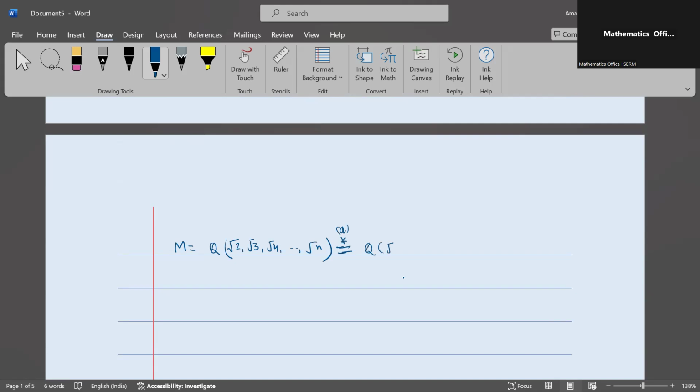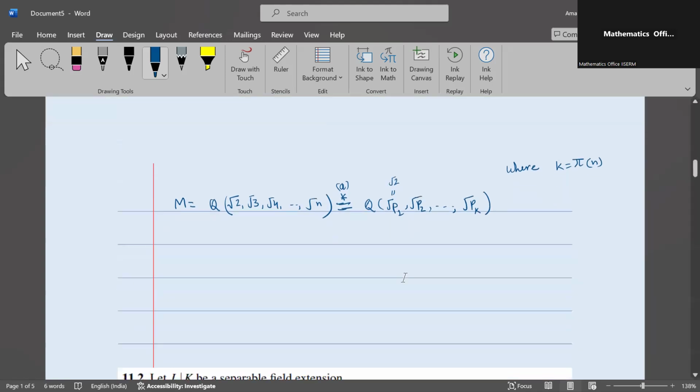I will write just P1, P2, P3 in place of 2, 3. So Q(√P1, √P2, ..., √Pk), where k is nothing but π(n), the number of primes less than or equal to n. These are all the primes less than or equal to n, and we are taking their square roots.